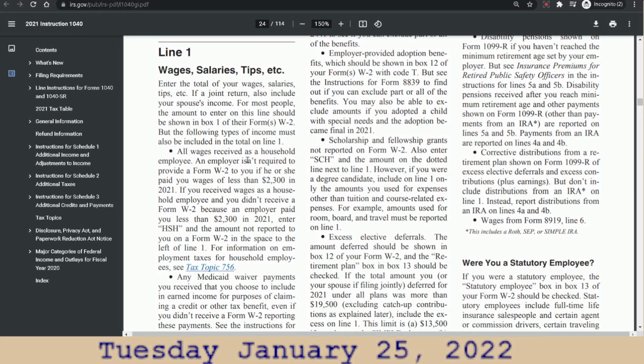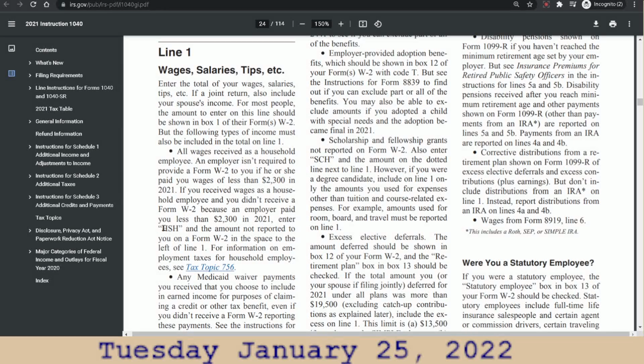An employer isn't required to provide a Form W-2 to you if he or she paid you wages of less than $2,300 in 2021. If you receive wages as a household employee and you didn't receive a Form W-2 because an employer paid you less than $2,300 in 2021, enter HSH.